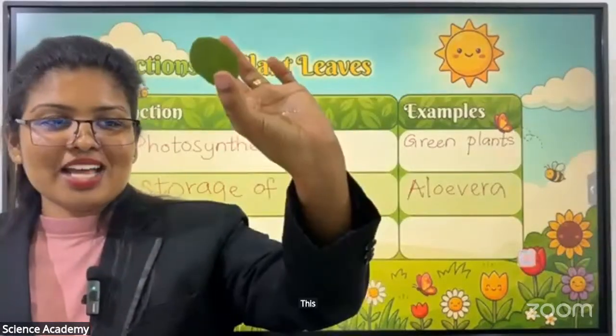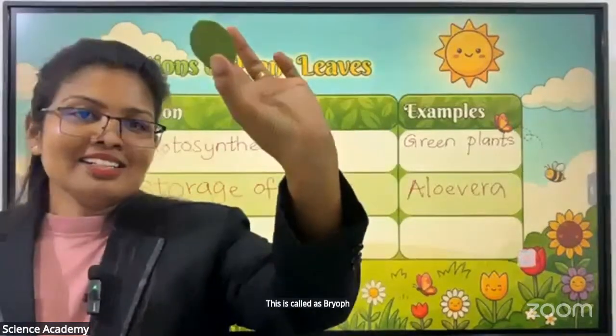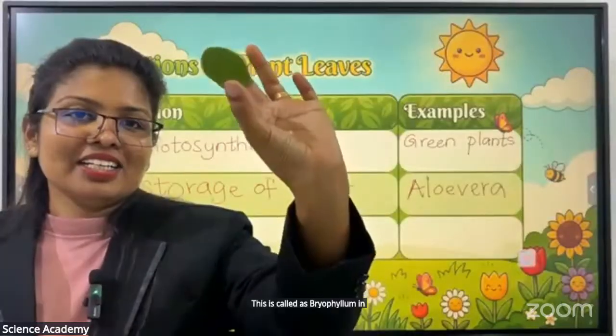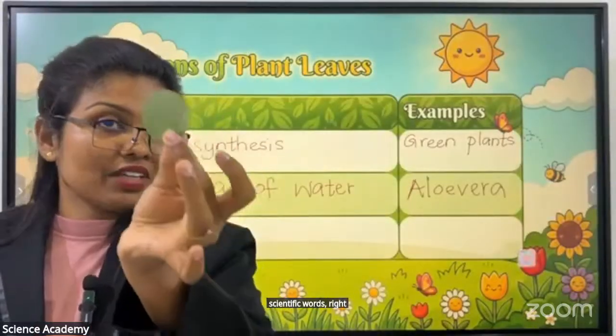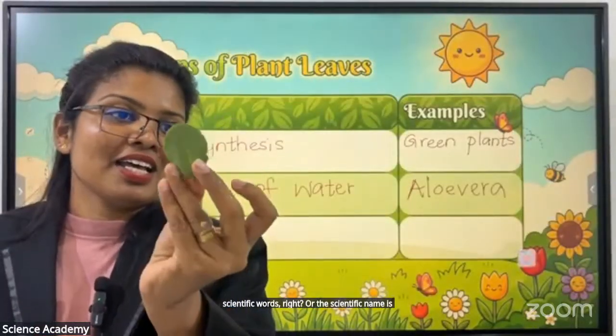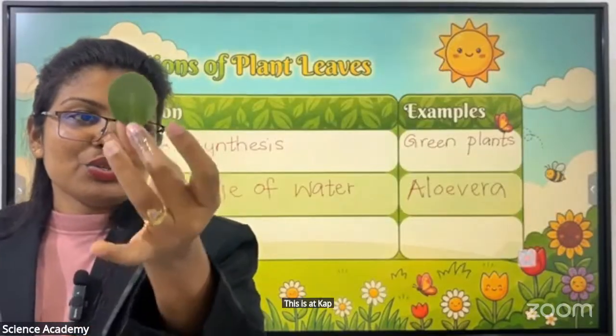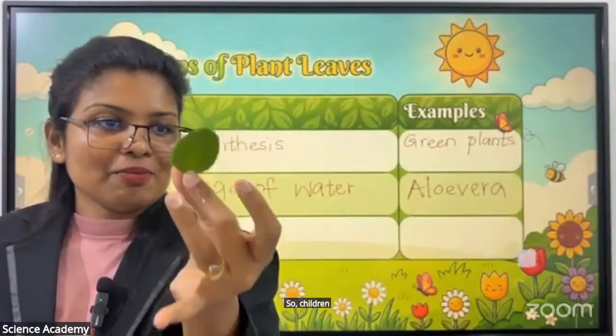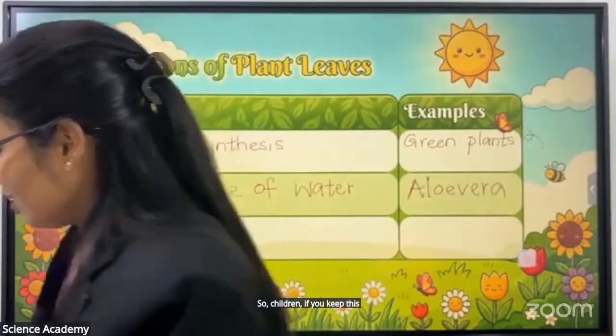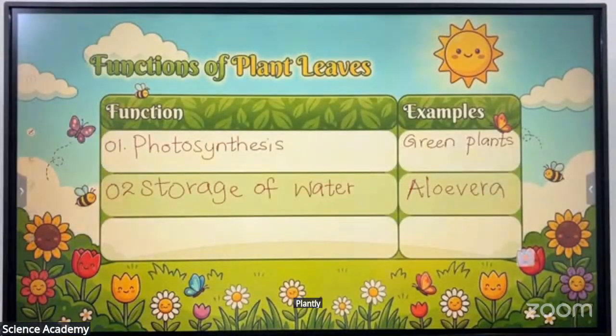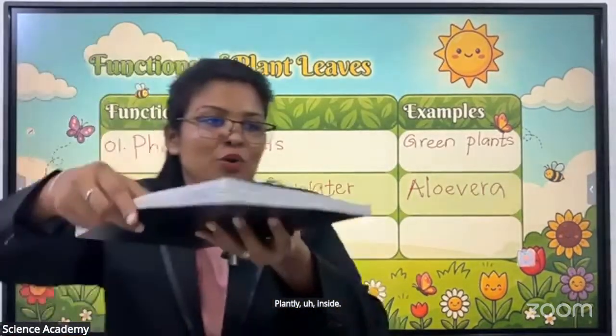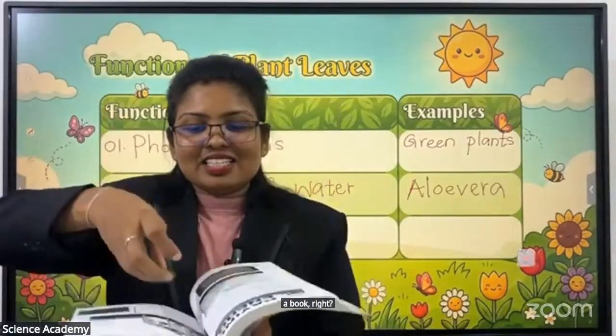This is called bryophyllum in scientific terms, right? Or the scientific name is bryophyllum. This is Akkapana, children. So children, if you keep this plant leaf inside a book, like this, right?